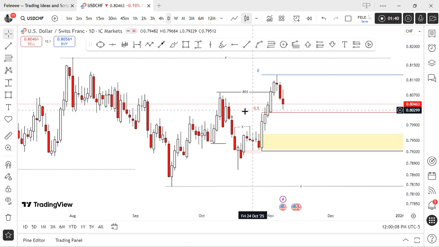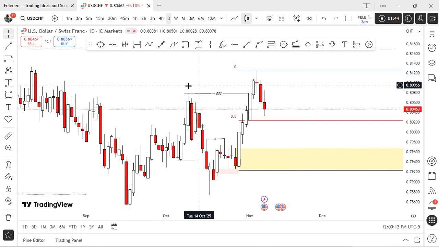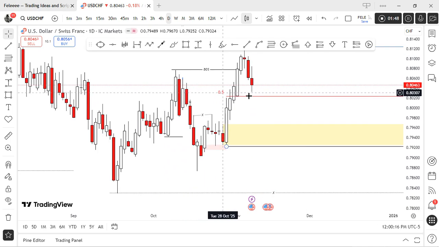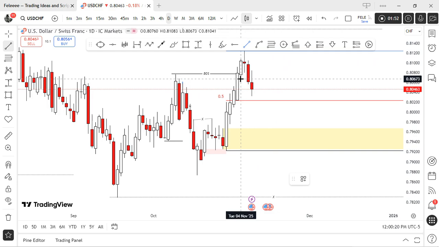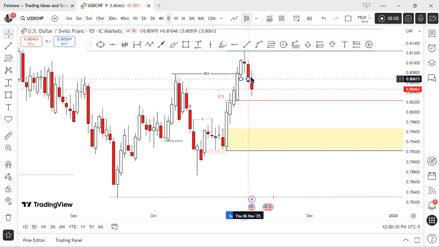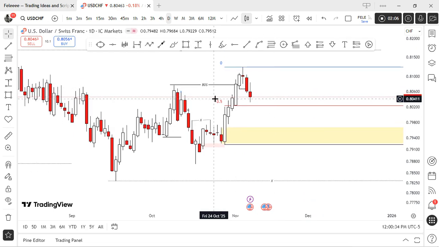As we look at the daily, we see that price managed to break the structures above, and after breaking the structures, price broke below the bullish daily candle. But this indicates that the correction move has barely started.